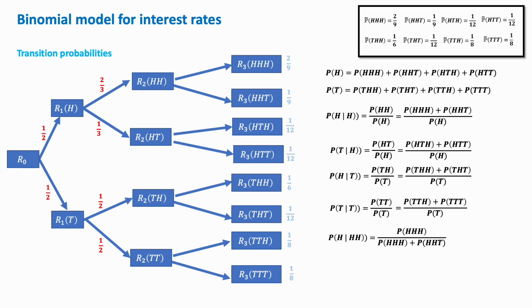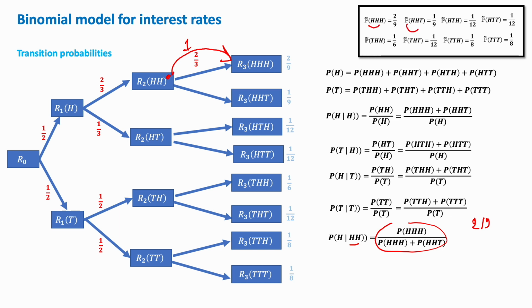So assuming that we get the head, what is the probability of going from this state to this state? We can just do the math again. The probability of getting all H is 2 divided by 9, divided by the probability that the first two coin tosses were HH.